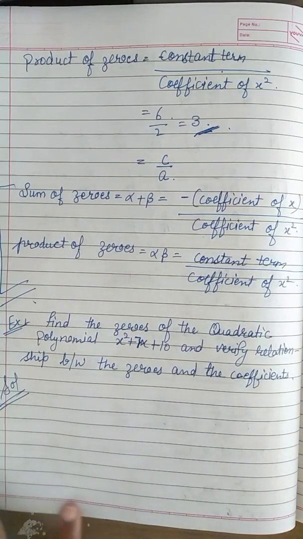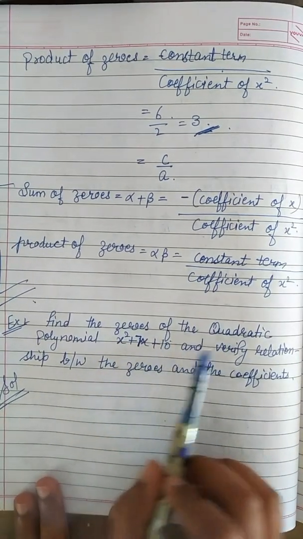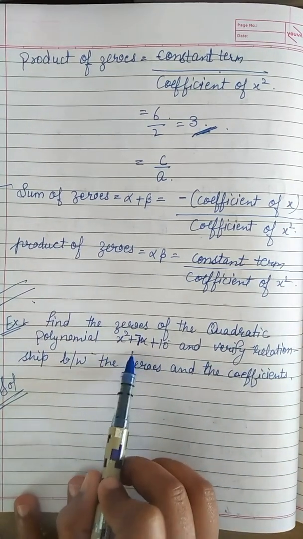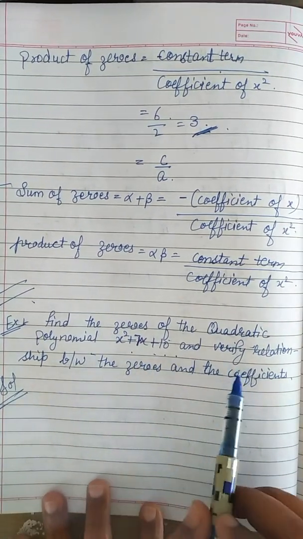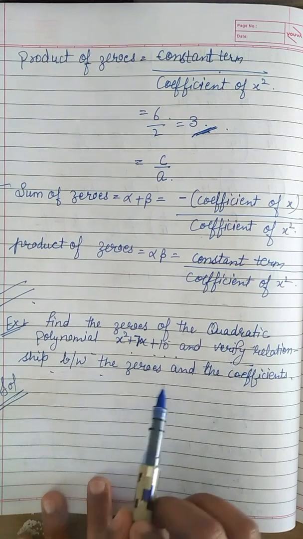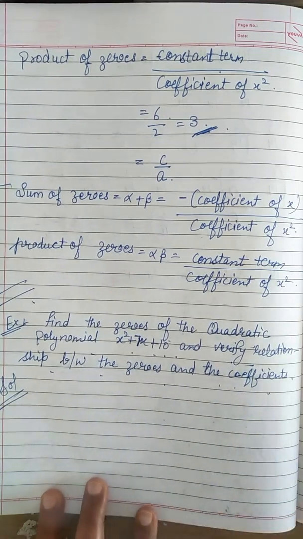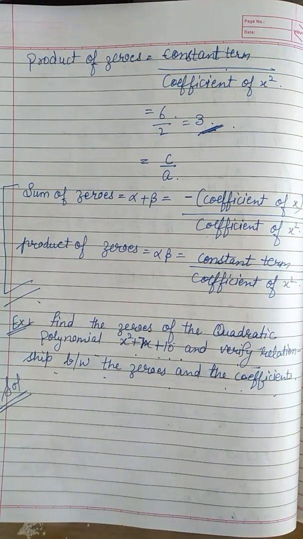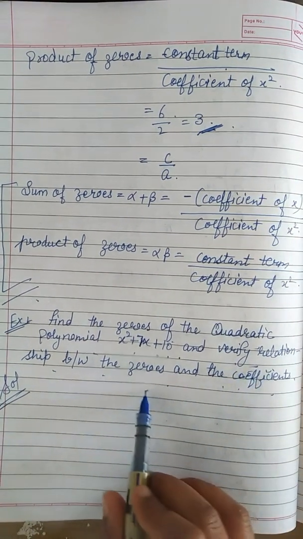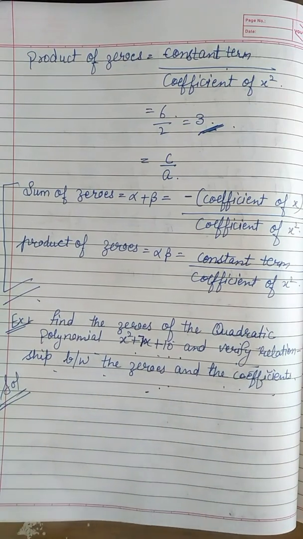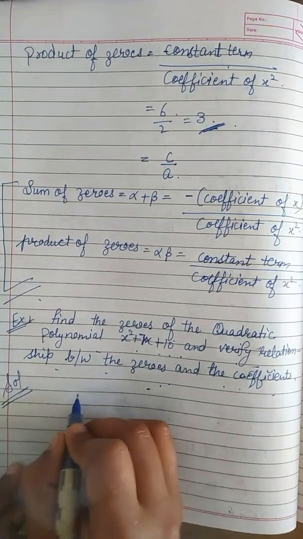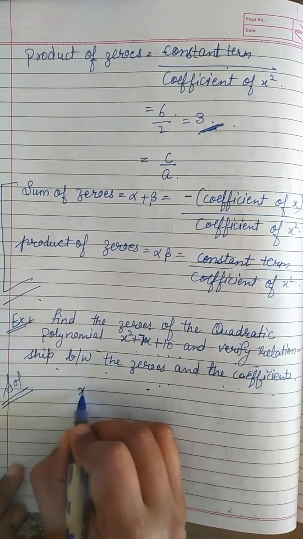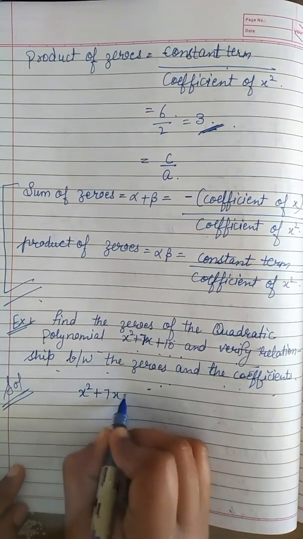Let us take an example. Find the zeros of quadratic polynomial x square plus 7x plus 10 and verify the relationship between the zeros and the coefficients. We have to firstly find the zeros. After that, we verify the relationship between zeros and the coefficients. So, the polynomial is x square plus 7x plus 10.